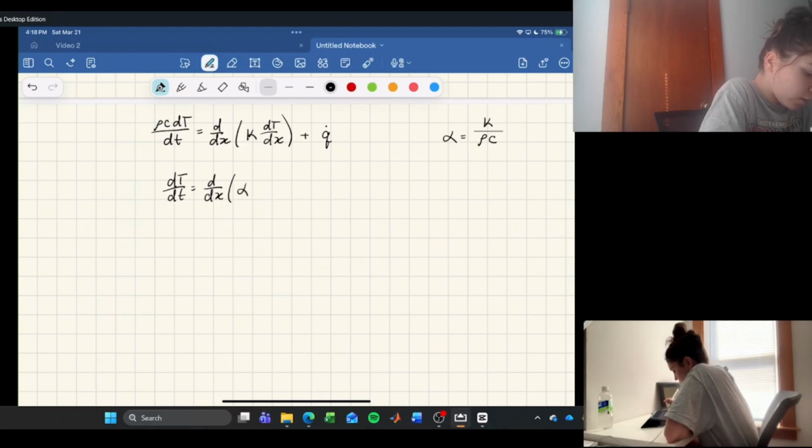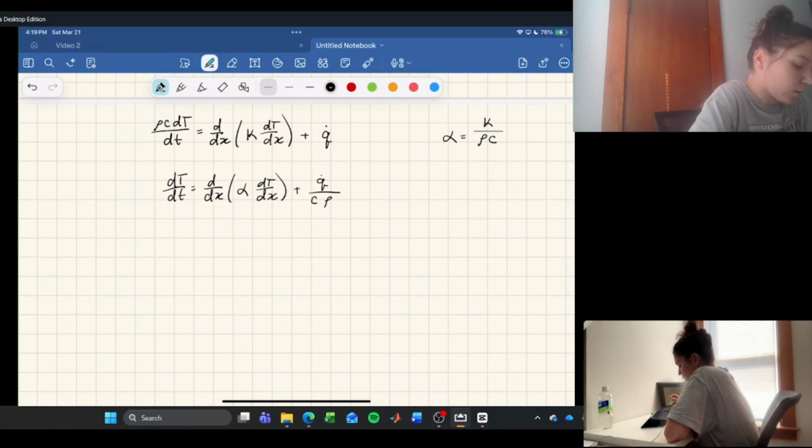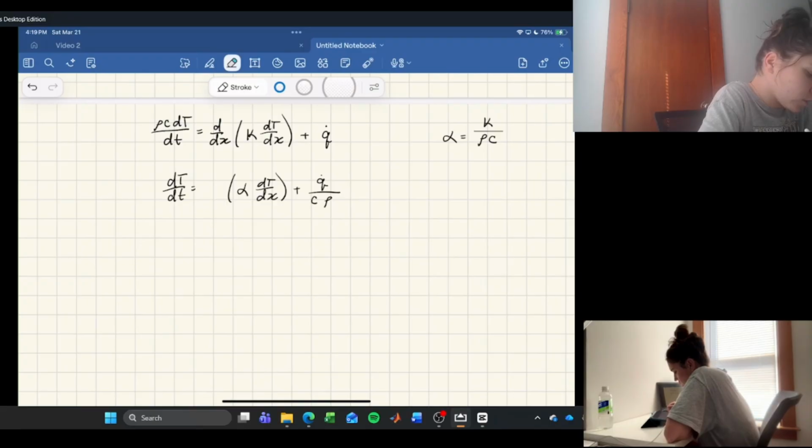This is now going to be alpha, or the thermal diffusivity, still times the change in temperature over the change in position, plus the heat flow over the heat capacity times density. And I'll simplify this as well while we're here. This is supposed to be the second derivative of the change in temperature over the change in position.